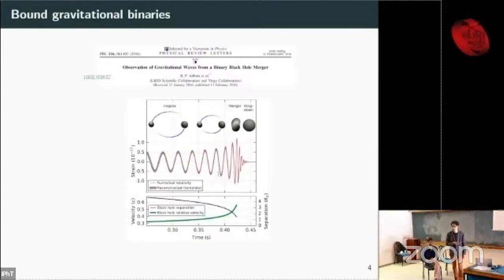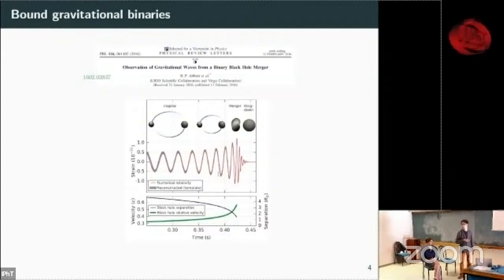And people are interested because this is experimentally relevant, right? So instead of having two very massive objects scattering, they are bound. And in GR, what happens is that they emit gravitational waves, so they lower the energy, and then they spiral very slowly till a certain point.